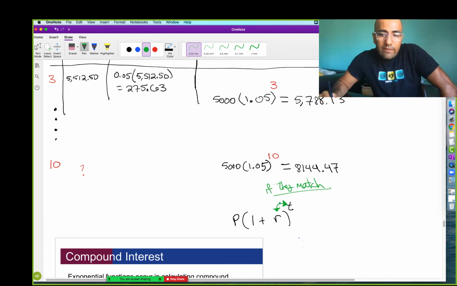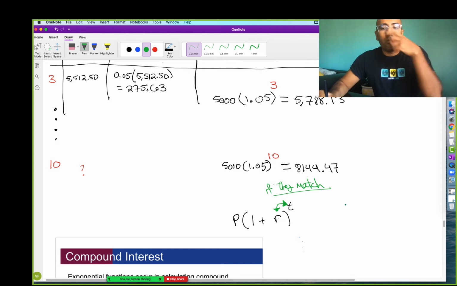So when they don't match, this will usually be given in years, and this will be given in some other term, like months, for example, or days. So what we do is we make them match. We divide the rate by a value that will give us the rate in a form that matches the time frame here.